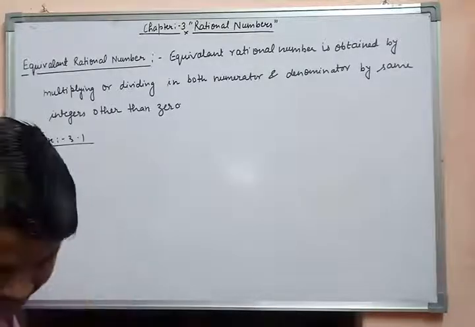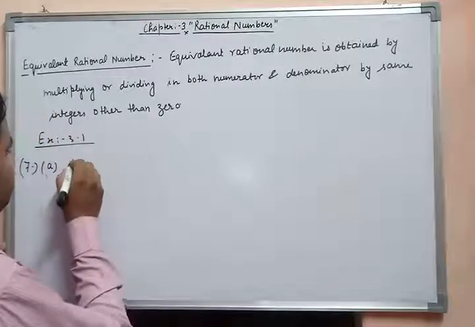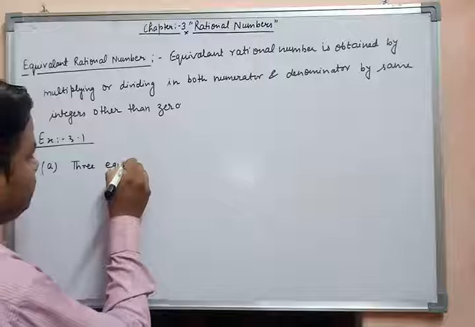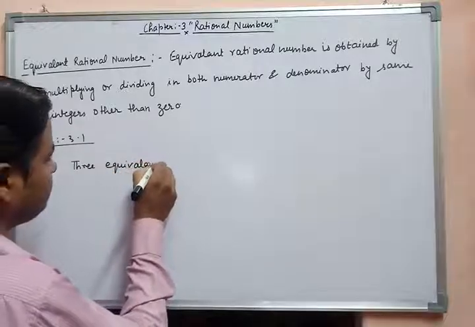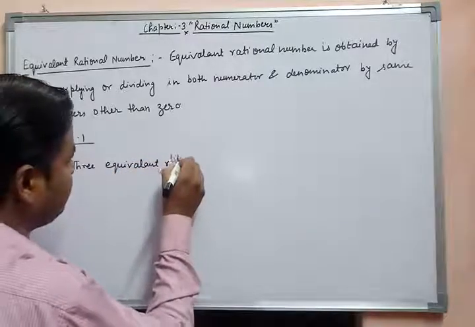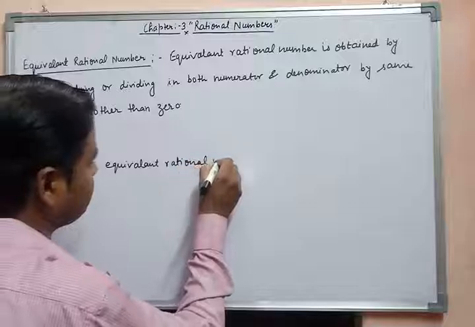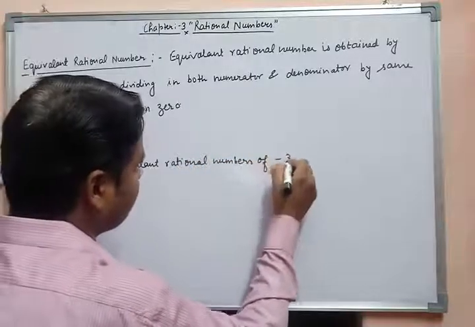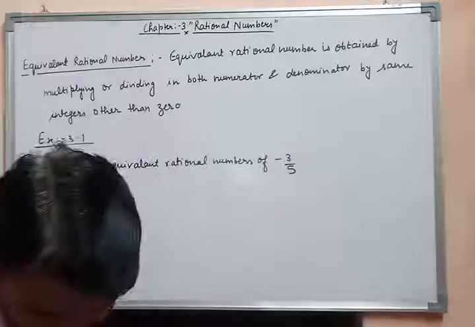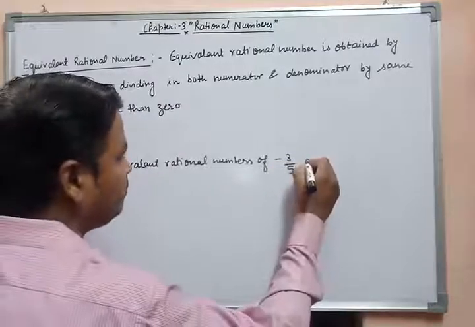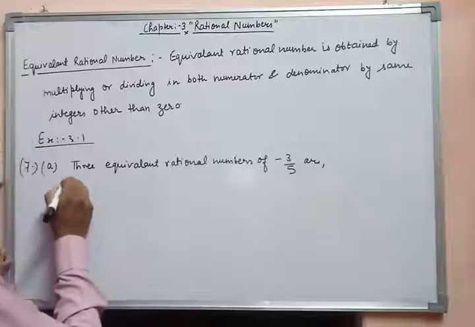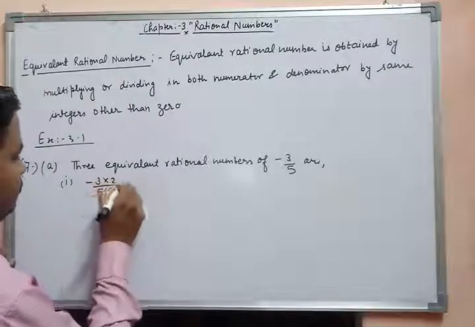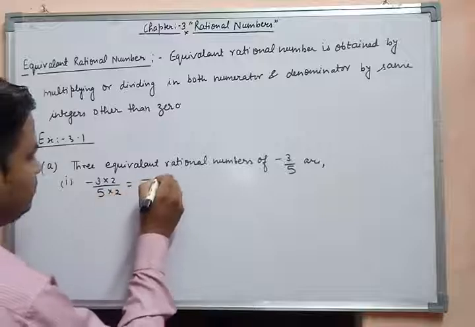you have to write 3 equivalent rational numbers of -3/5. First one is -3/5 into 2, then we will get -6/10.